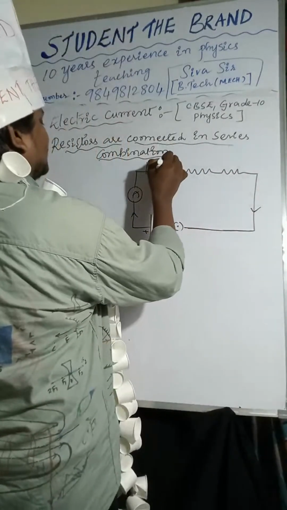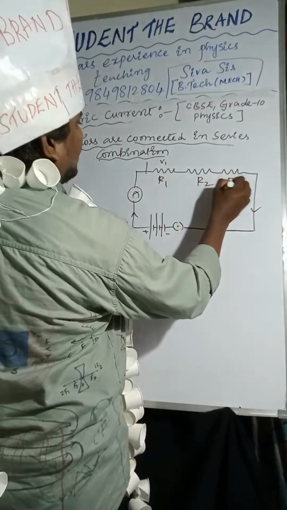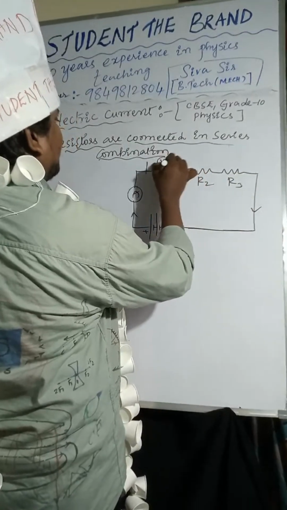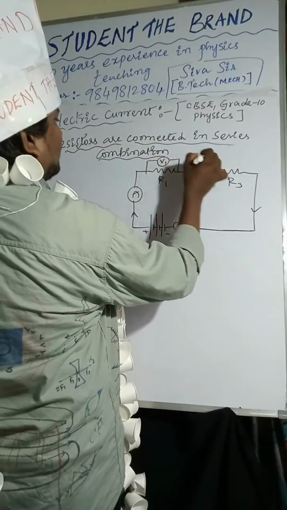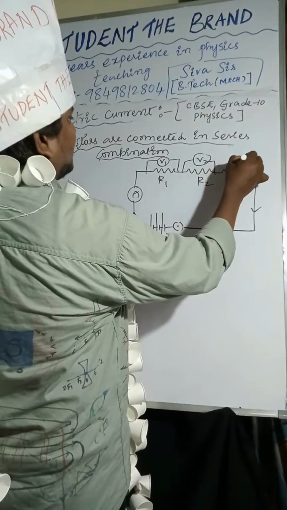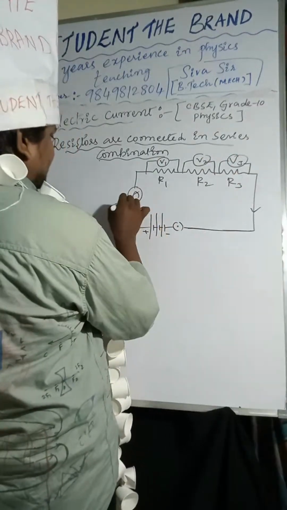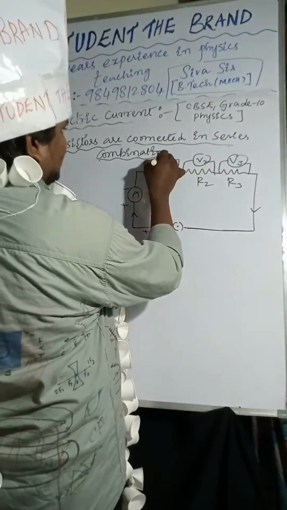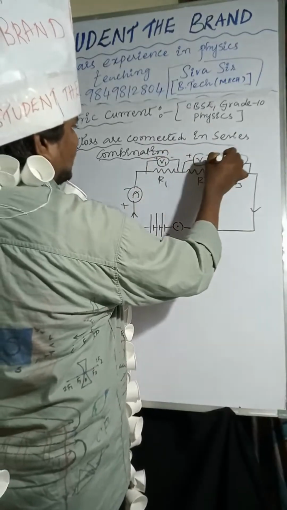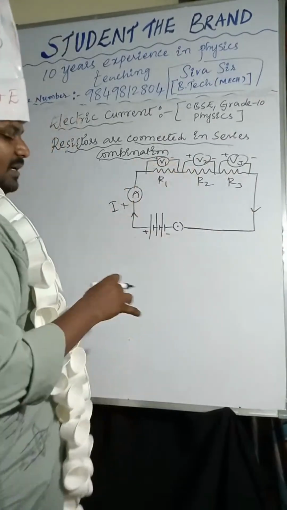Across R1, R2, R3 the potential differences are V1, V2 and V3. The current is passing through each of them. The current is I. Throughout the path the current is the same.